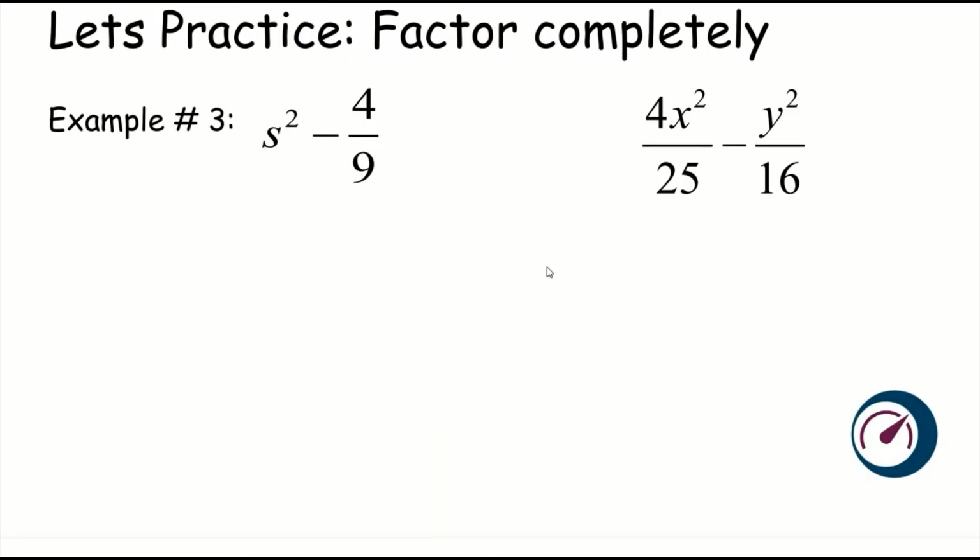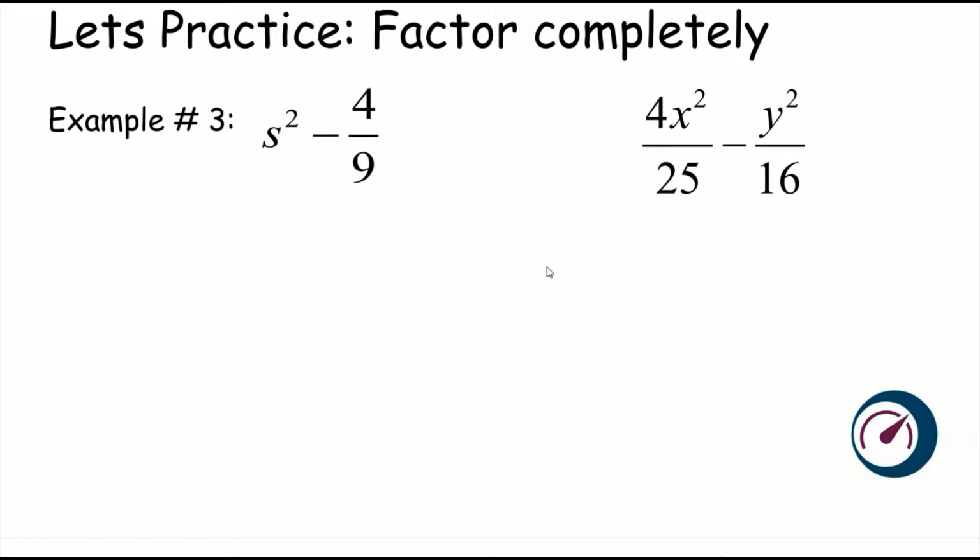Example 3. Now we have s squared minus 4 over 9. So identify that we have two perfect squares. Now if you're in an exam and you're feeling discombobulated with your numbers, or you get big numbers, just find the square root easily. See if when you find the square root on your calculator you get whole numbers.